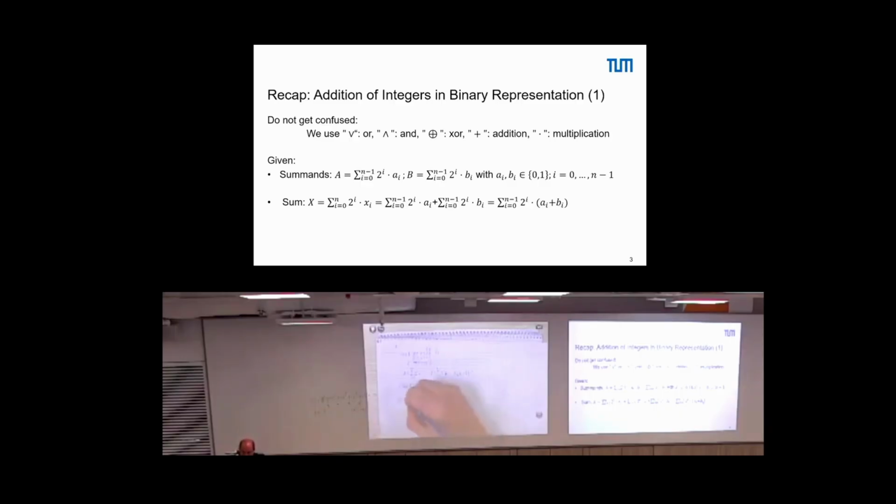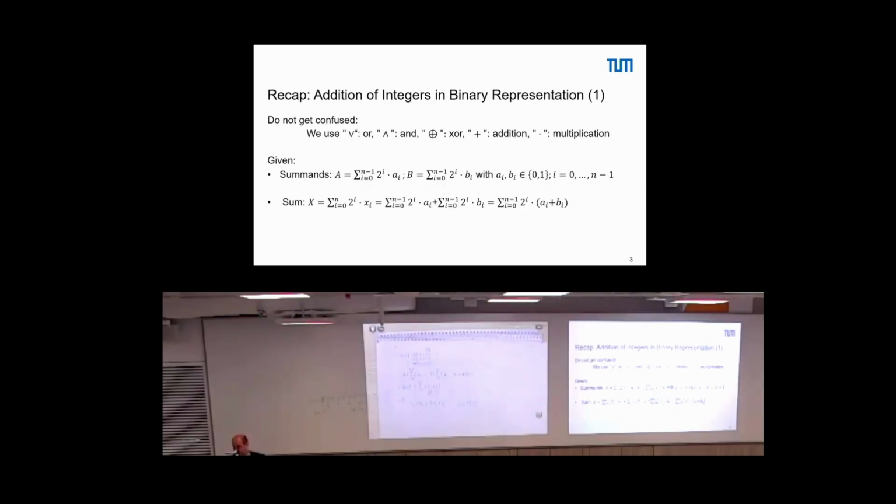So we can interpret this as we transform A0 plus B0 into 2 times C0 plus, let's call it S0. So all of this here should be in 0, 1. So AI, BI we defined already. C0, S0 should also be an element of 0 and 1, right?